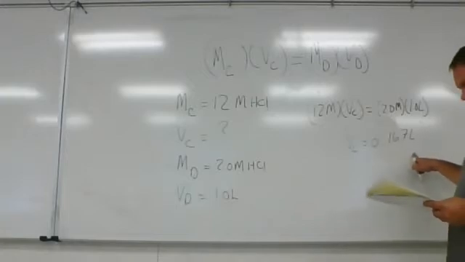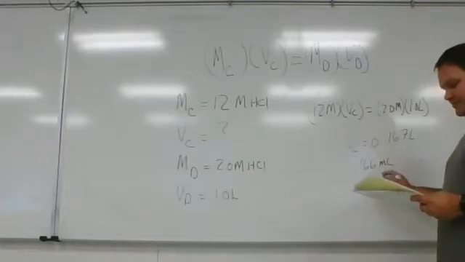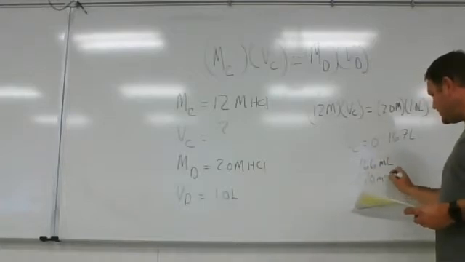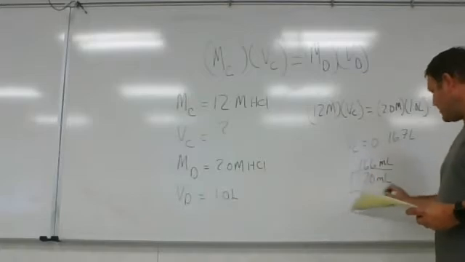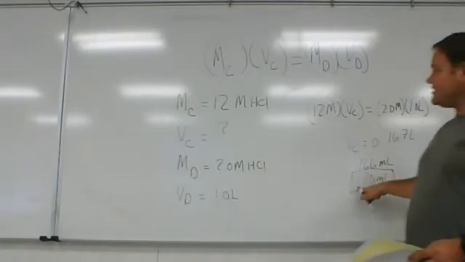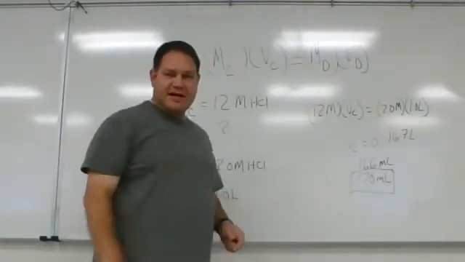And so that is 166 milliliters. But to the right significant digits, really, it should be 170 milliliters. So I need to take essentially 170 milliliters of my concentrate to make my dilution.